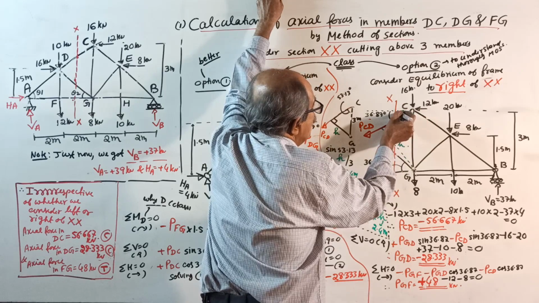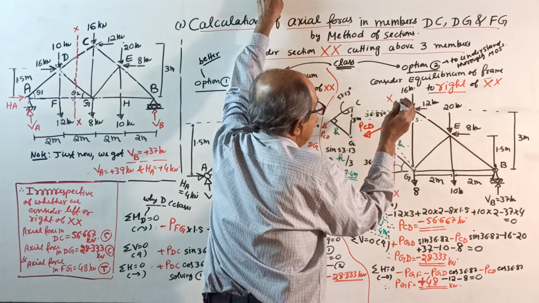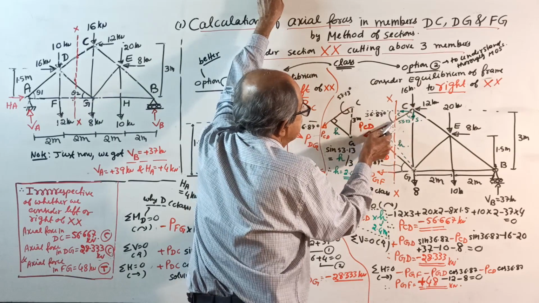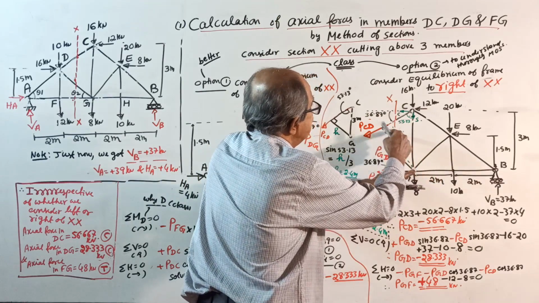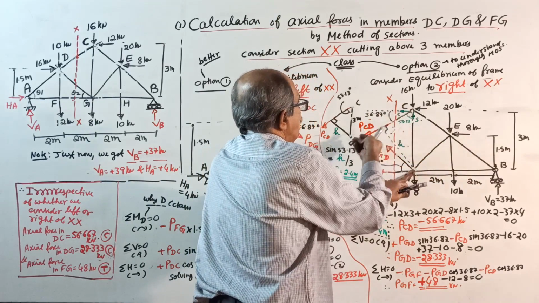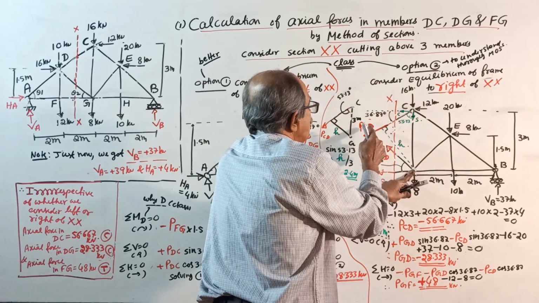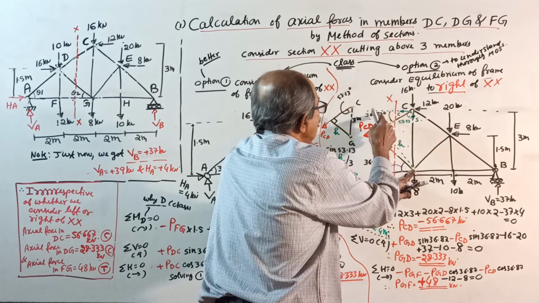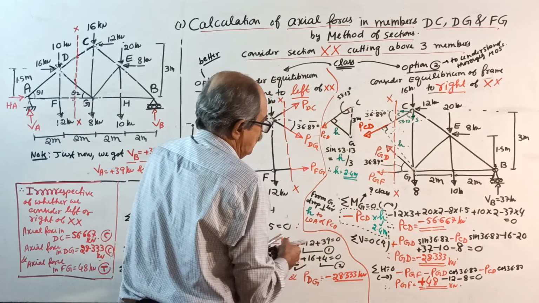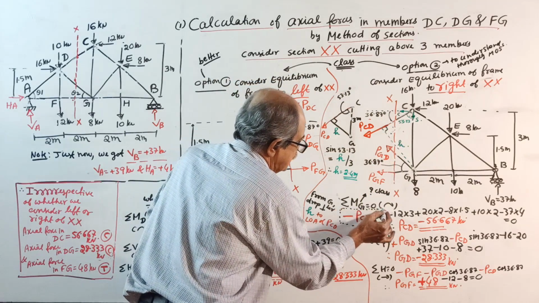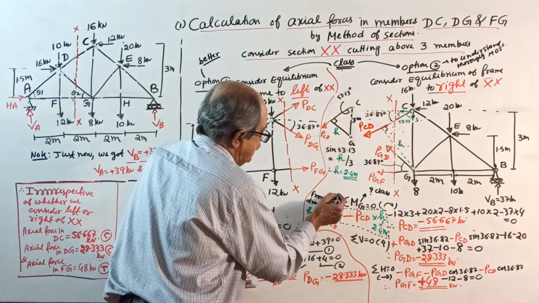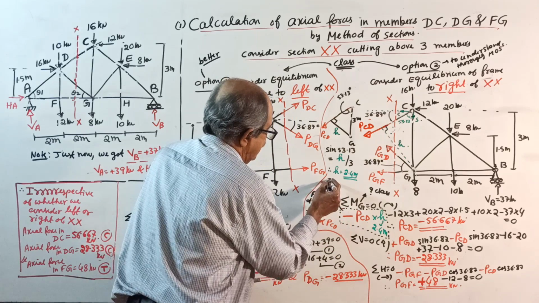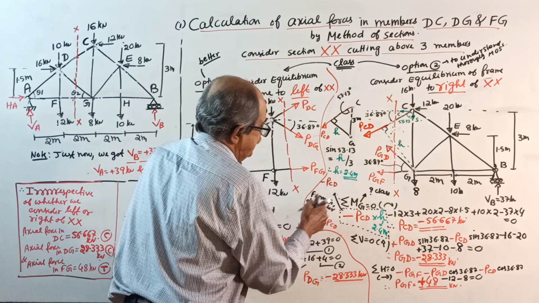Remember, this is cos, this is sine with respect to 36.87. Then when you take moment about this point, H is not required. Minus PCD cos 36.87. Instead of this statement, you write minus PCD, how much?